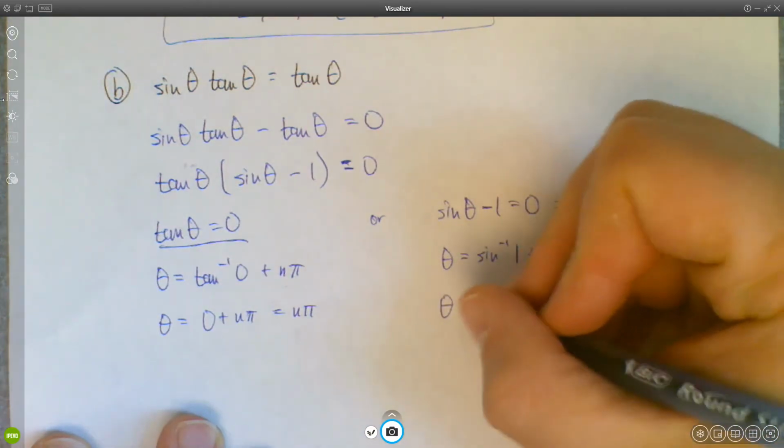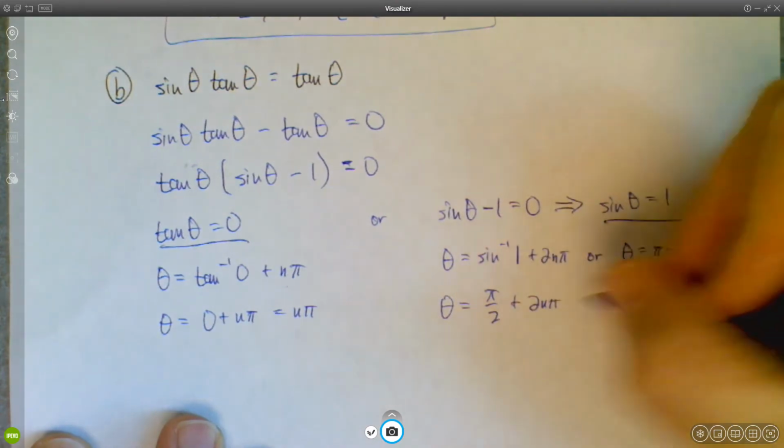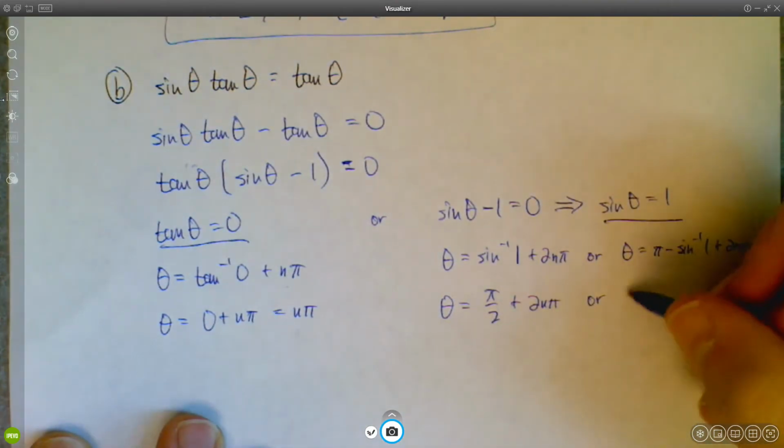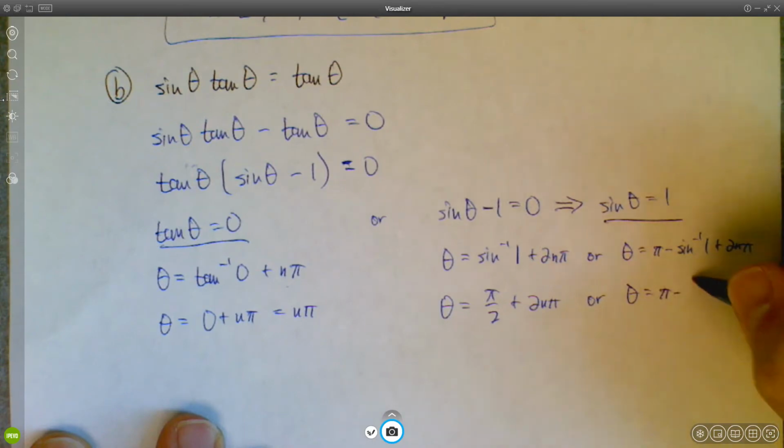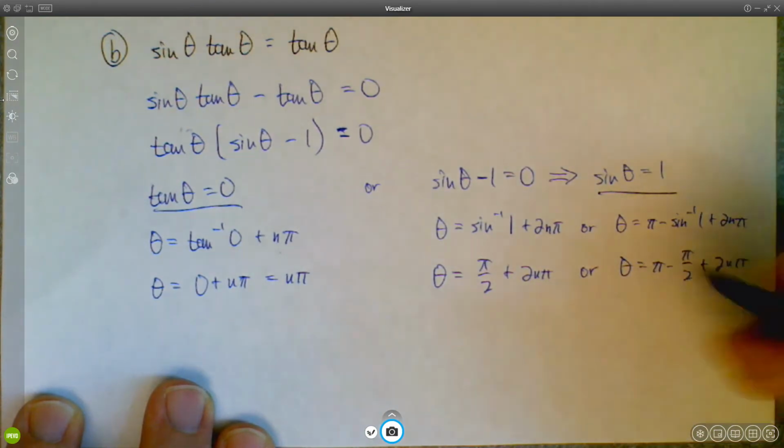So we're going to get theta equals pi over 2 plus 2n pi, or theta equals pi minus pi over 2 plus 2n pi. Well, notice that pi minus pi over 2 is just pi over 2.